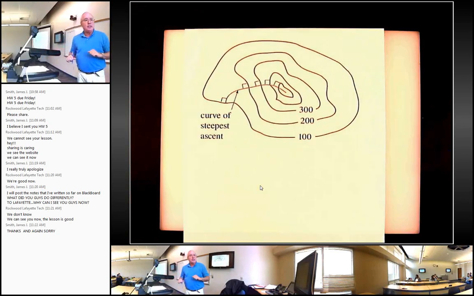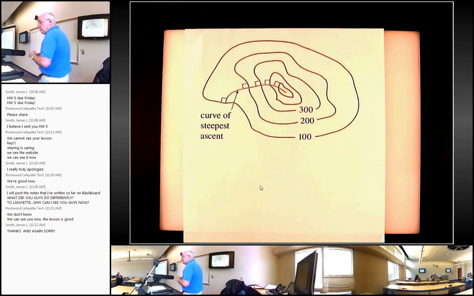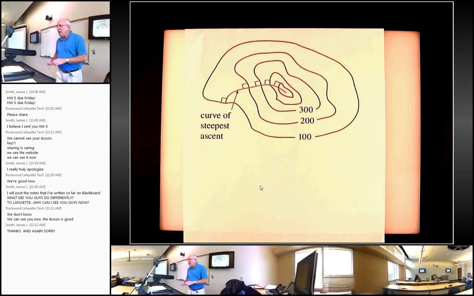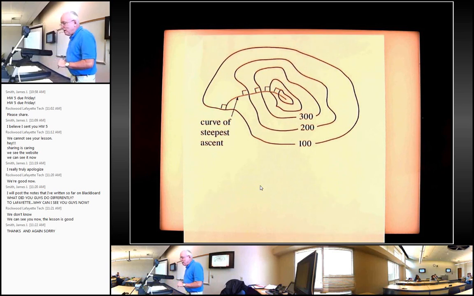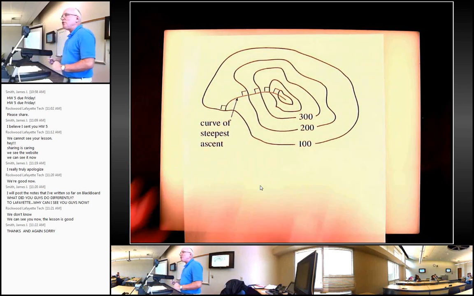And then last thing is this. It makes sense if you're say climbing a mountain or climbing a hill, what would be the hardest way to climb it? Straight up, exactly. And that's what this is showing right here. Here we have a topographic map, so to speak, different elevations.